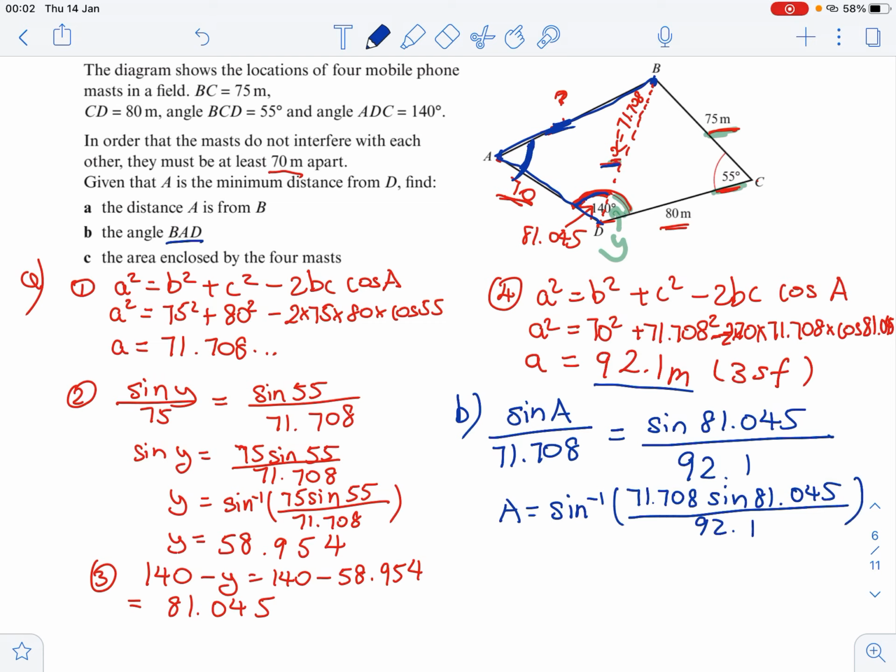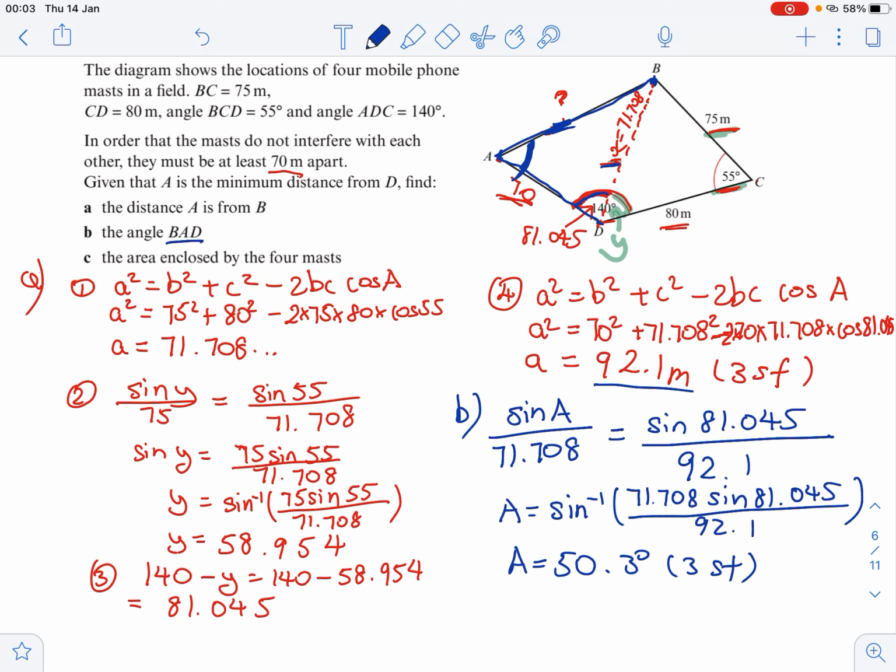Just type it into your calculator, and you should find your angle is equal to 50.3 to 3 significant figures.